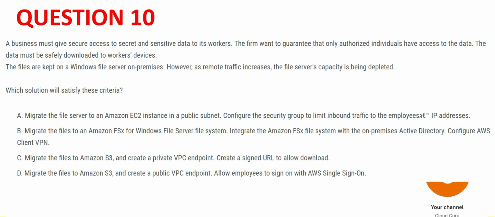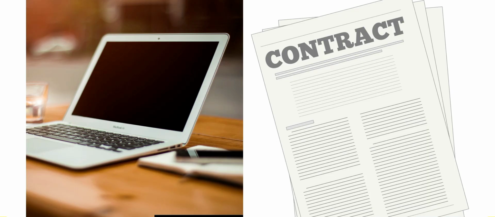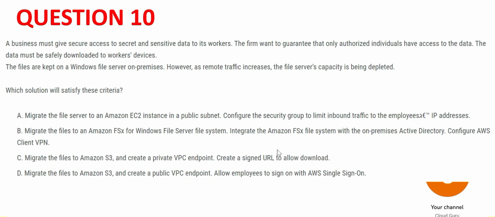So the worker should be able to download this data on his or her device, maybe a laptop in this case. So these data, contracts or so on, are in a Windows file system, and this file system capacity is going down as load increases. Now, keeping these constructs in mind, we have to choose one answer from these four.